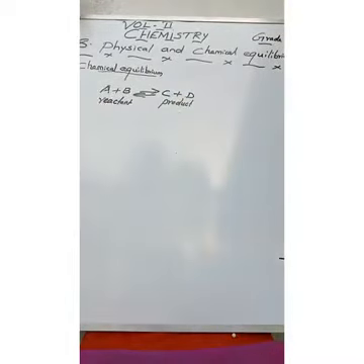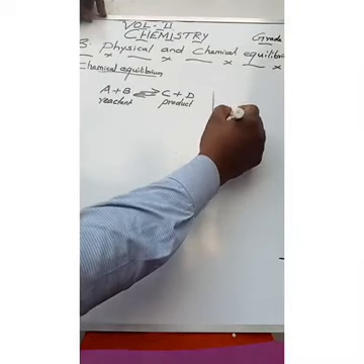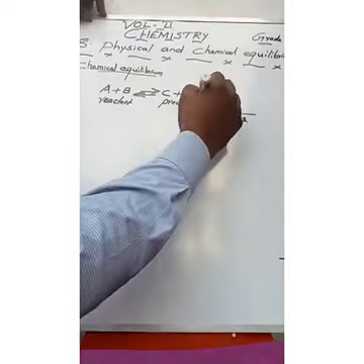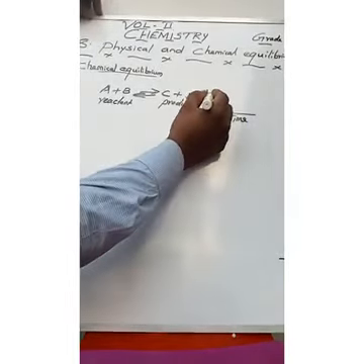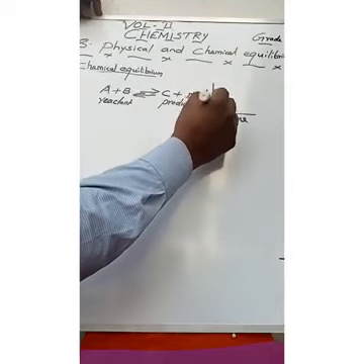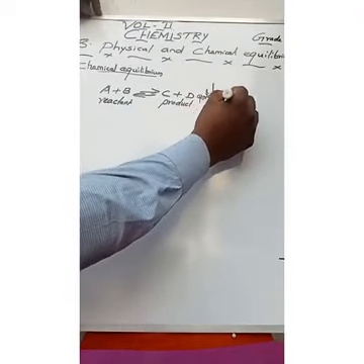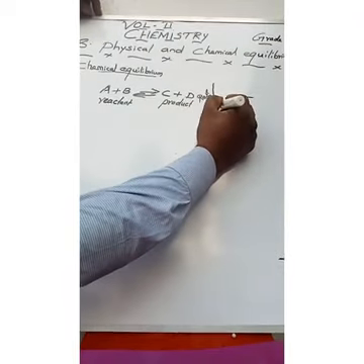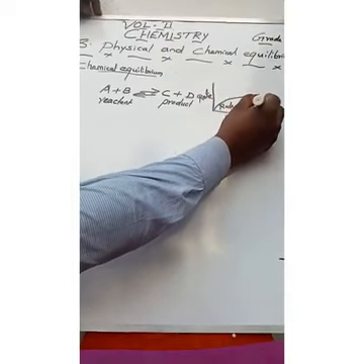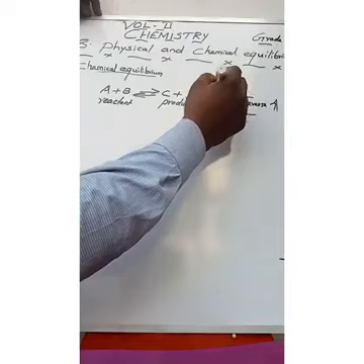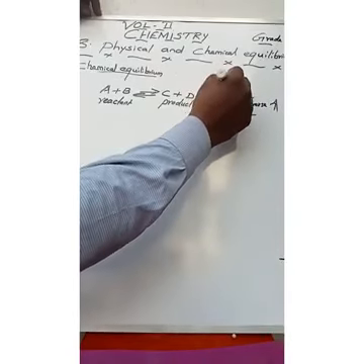We can discuss one graph, time versus reaction rate. Here, the rate of the reverse reaction increases, and the rate of the forward reaction decreases.